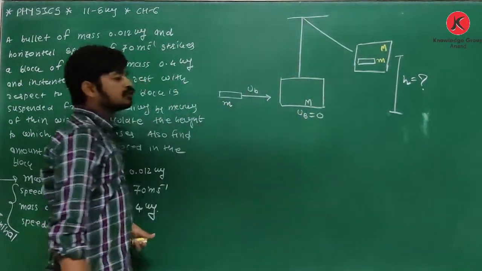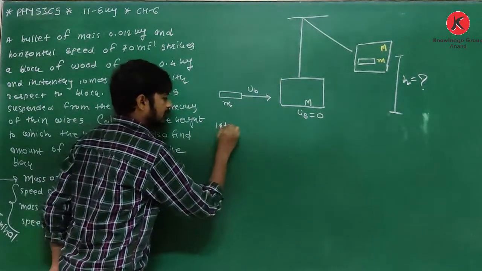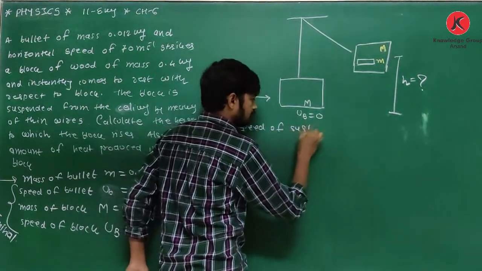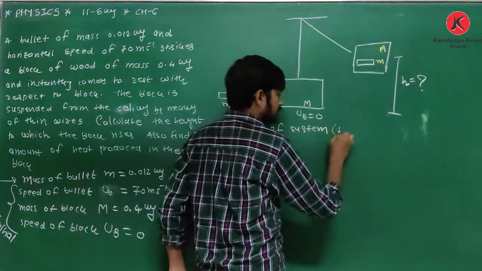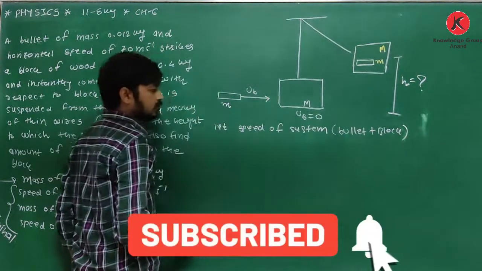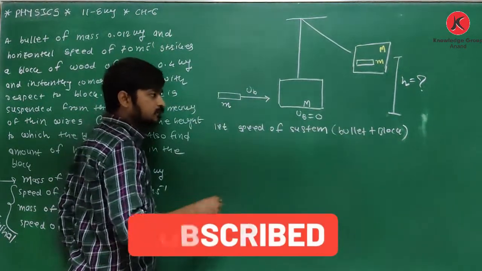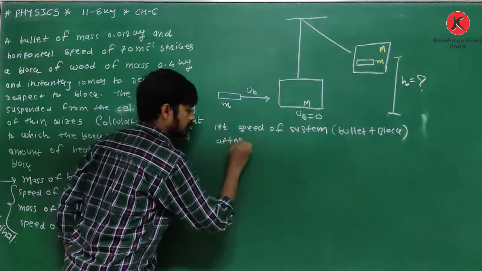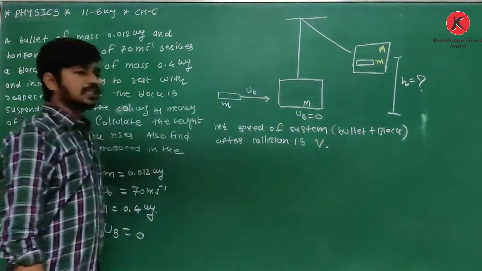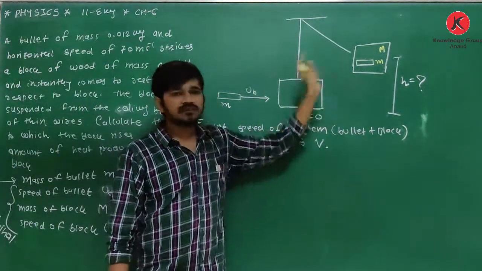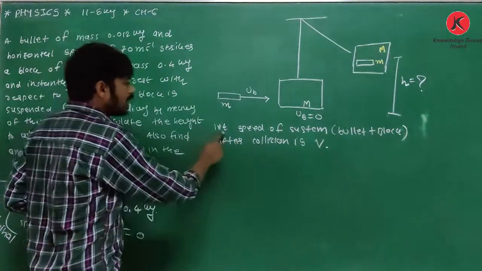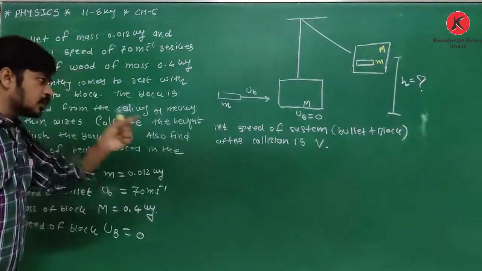Let the speed of the system, that is bullet plus block, after collision be V. After collision they will move as one system.